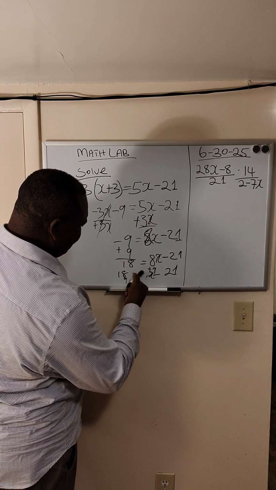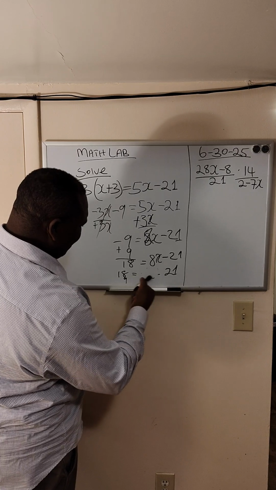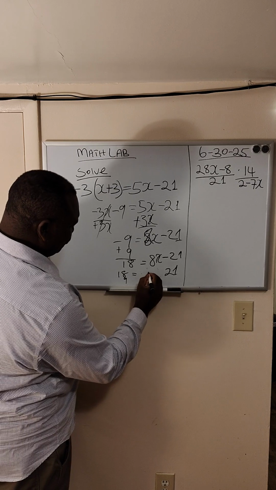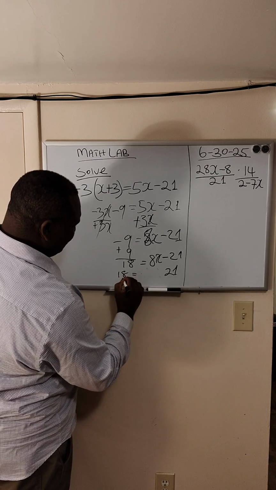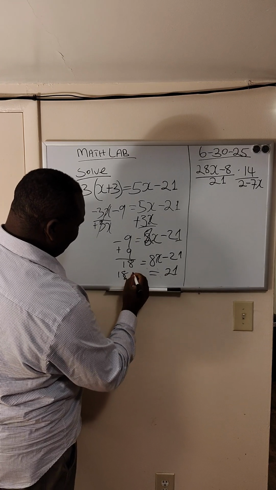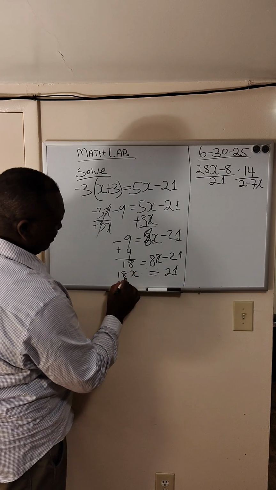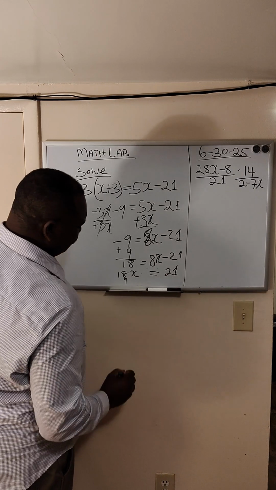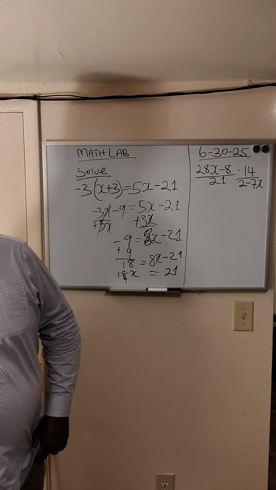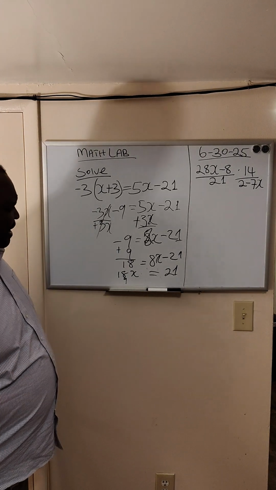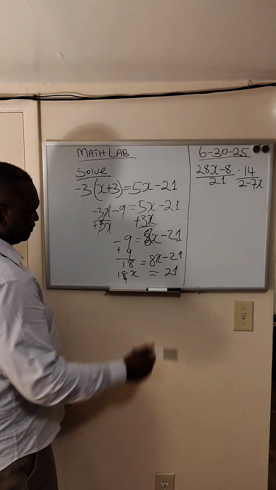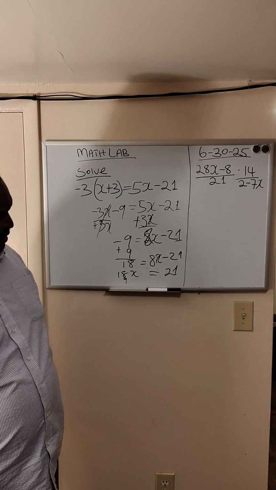So 18 plus 9 is equal to 21. 18x plus 9 is equal to 21. So this now gives us 18x, right?